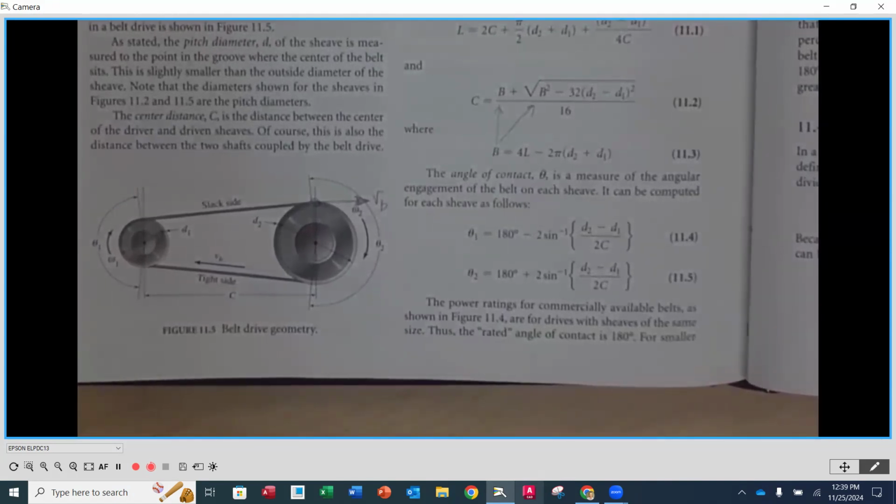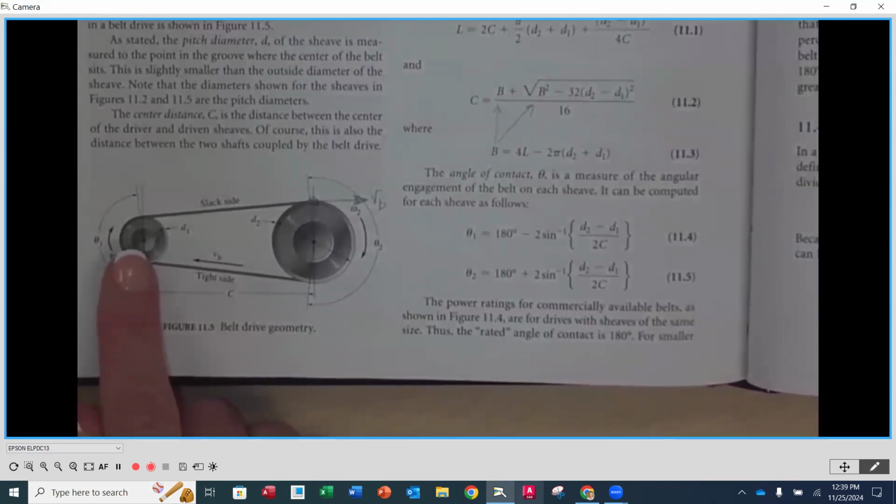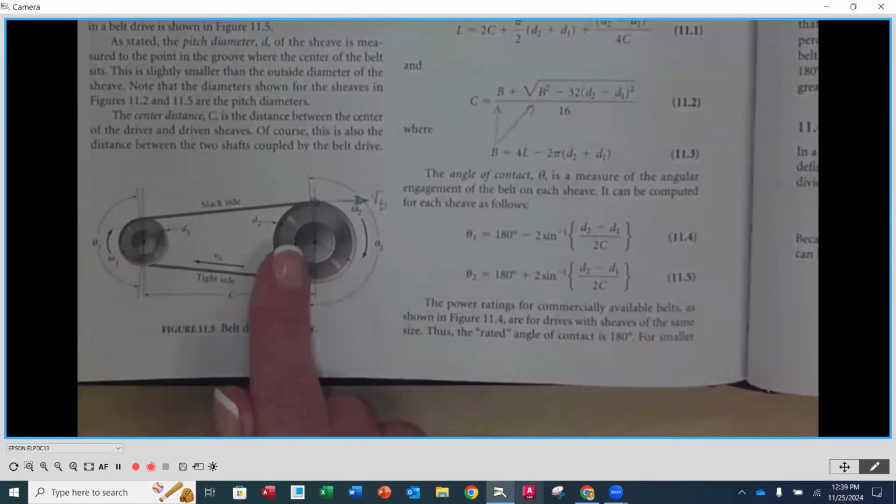But in the geometry, we not only have to build in some stretch accounting, like for a tensioner, like we talked about, but we have to have the ability to physically move one or both of these sprockets in so that we can wrap the belt around and then tighten it up for its final application. Those are also things that when you specify your drive from a specific vendor, they're going to give you the information about what you have to design into your process in order to properly get that installed.